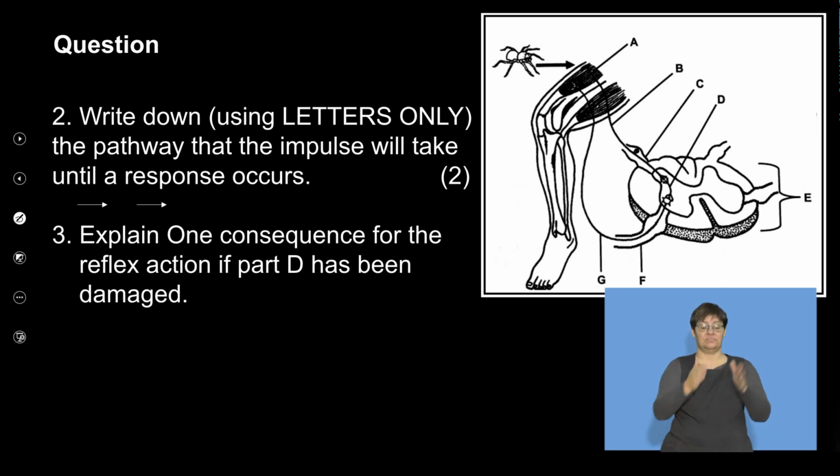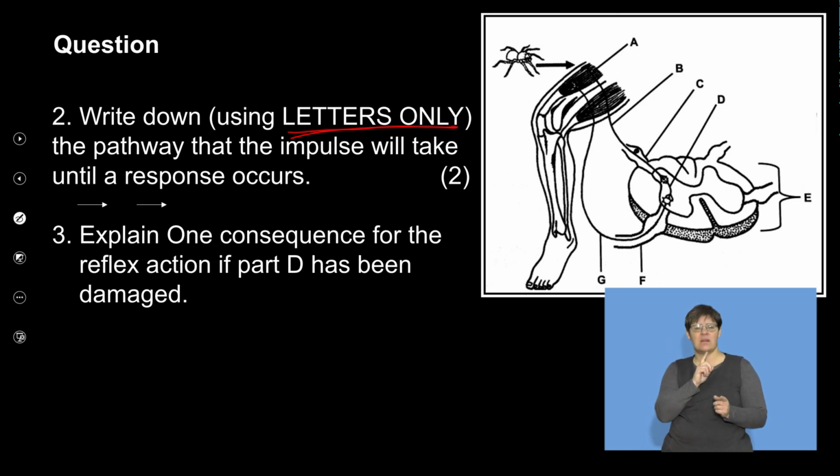Then we move to the second question. You write down letters only for the pathway that the impulse will take until a response occurs. The example, we did that. We must see the impulse from the sensory organ through the sensory neuron into the interneuron to the motor neuron and to the effector.